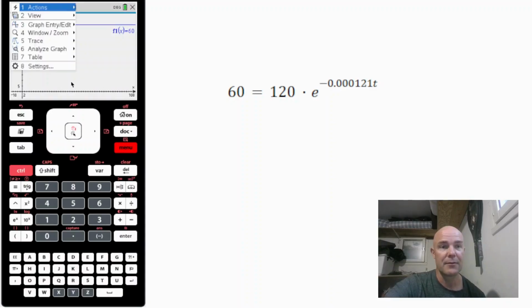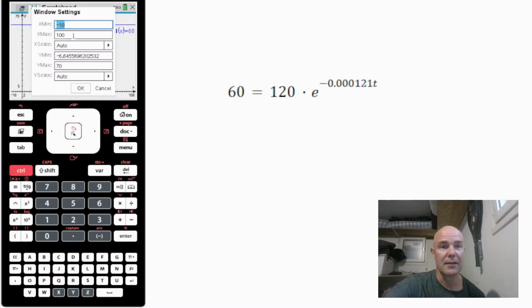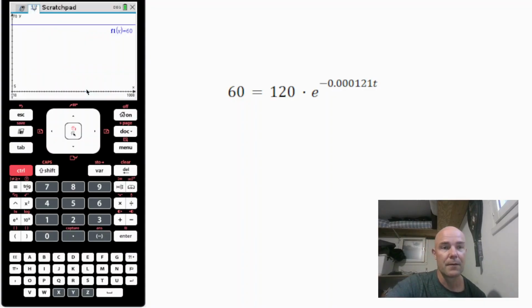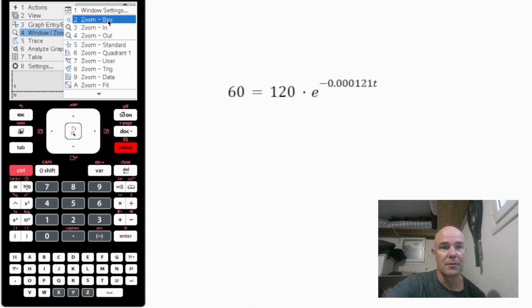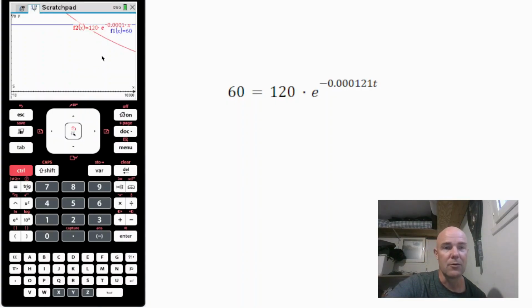So again, pressing menu, Window, Window settings, and let's change that to 1000. Let's see, still nothing. Menu, Window, Window settings, let's change that to 10,000. And here is our function we were looking for.